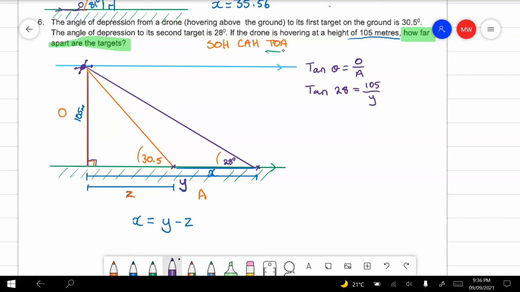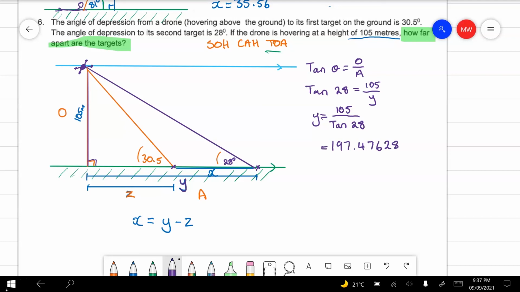Now we need to switch those two, so that means that Y is going to be equal to 105 over tan 28. I've just put that in my calculator, and that is 197.48. We might actually carry a few extra decimals here just so that I don't make a rounding error. So 197.47628. Alright.